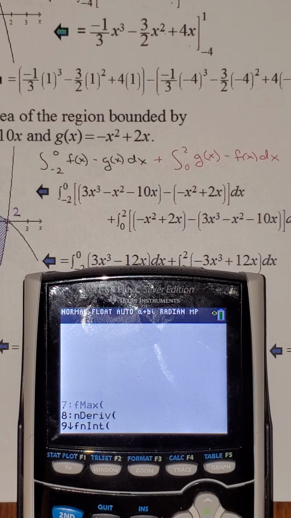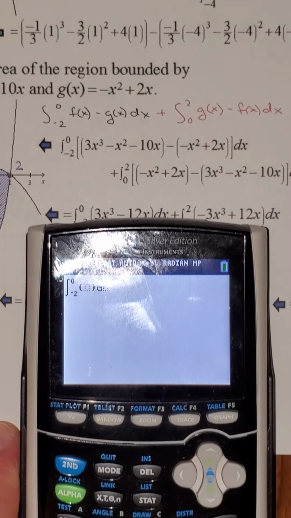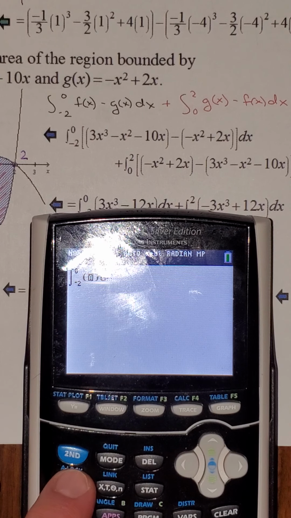Math, number 9. There's my integral. Obviously, my first integral is -2 to 0. And what did we say we had to do? We have to take f of x minus g of x. So what I can do, f of x is under y1. You can hit the alpha key in the green. Let me move this up a little bit. Hit the alpha key in the green.